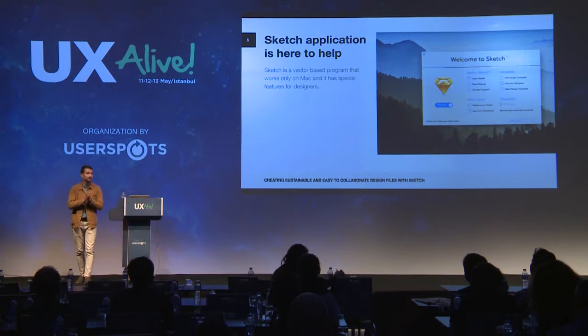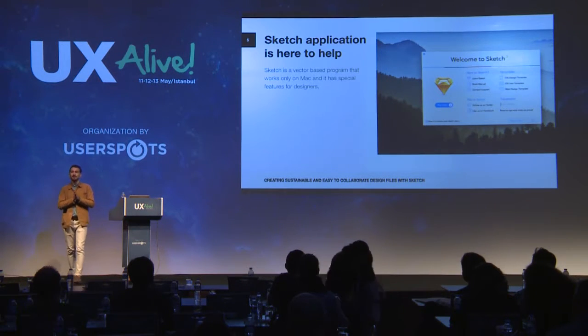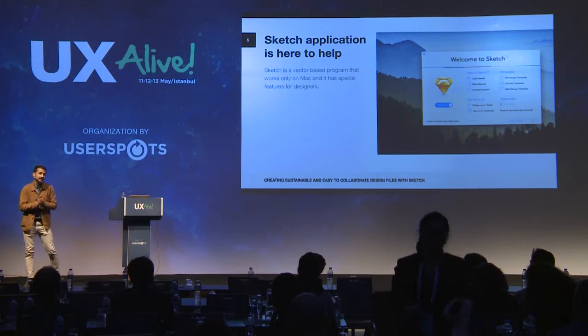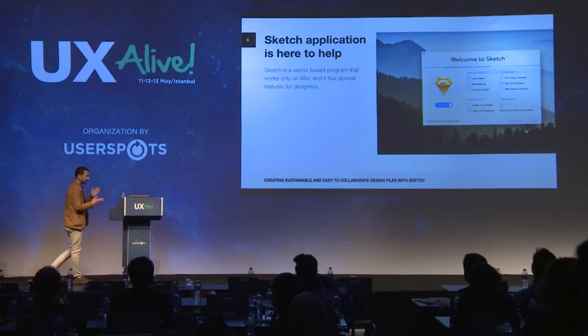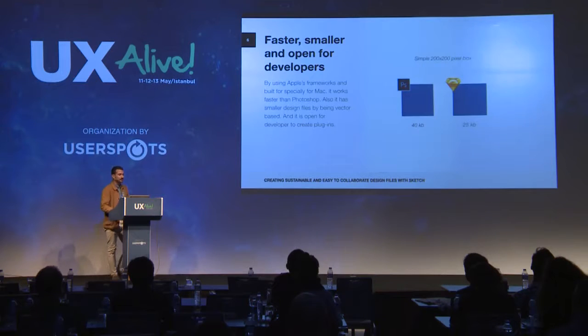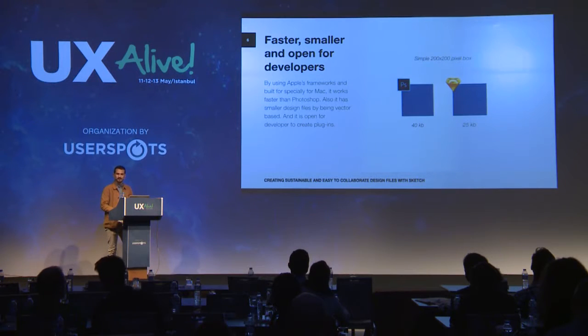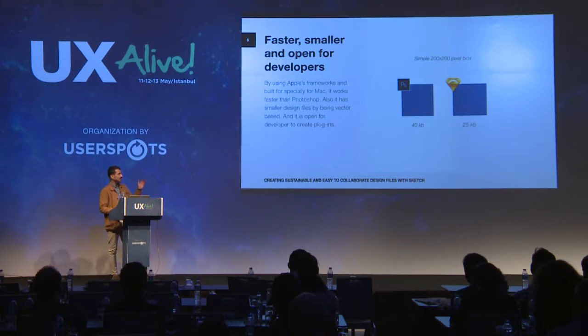It is a vector-based program, and it has special features for user interface and interaction designers, which makes things easier for us. So it really works faster when we compare it with Photoshop. It is specially built for Apple computers, and you are going to have smaller design files because it's vector-based.